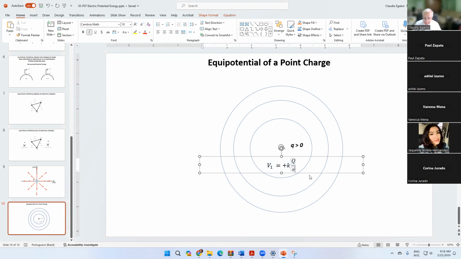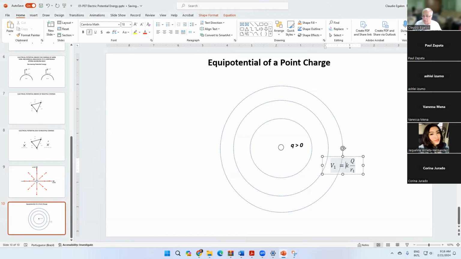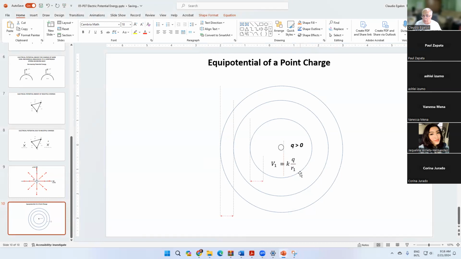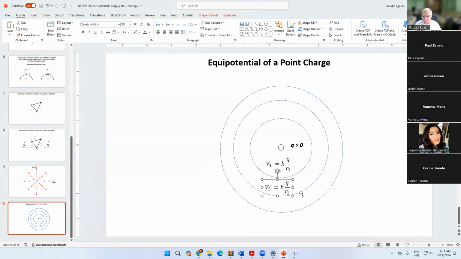Strictly speaking, the electric potential at that surface is going to be something like that. That would be the electric potential for a positive point charge. I'm going to put it lowercase q, so we are consistent with what has been drawn there. Next one is going to be R2. And then I'll change it to V2. Do you get the idea? And V3.